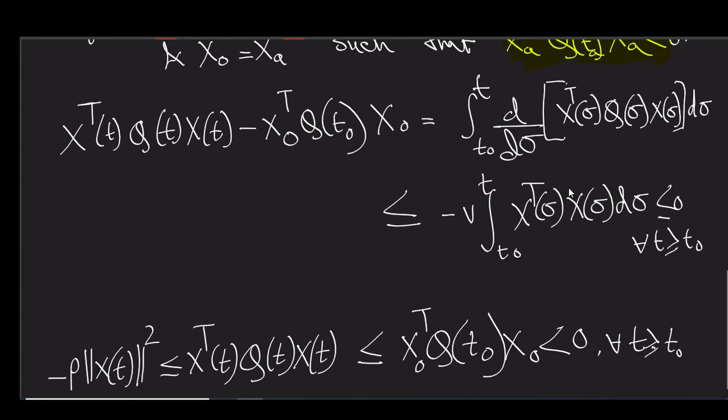This is very interesting, that x transpose x, so this is like minus rho xt square is equal to, this is less than 0.